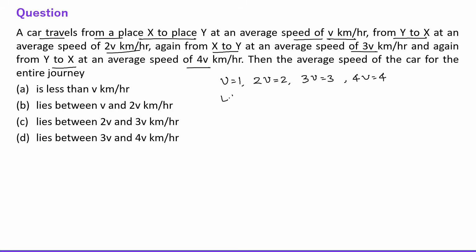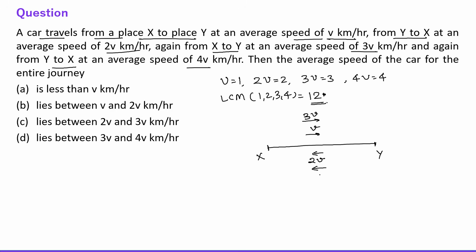And what is the LCM of 1, 2, 3, 4? The LCM of 1, 2, 3, 4 is 12 kilometers. I mean 12. Why am I doing this? Let me tell you. The question is a man goes from X to Y at an average speed of V km per hour, then comes to X again at 2V km per hour, then goes to Y again at 3V km per hour, and then comes to X again at 4V km per hour.